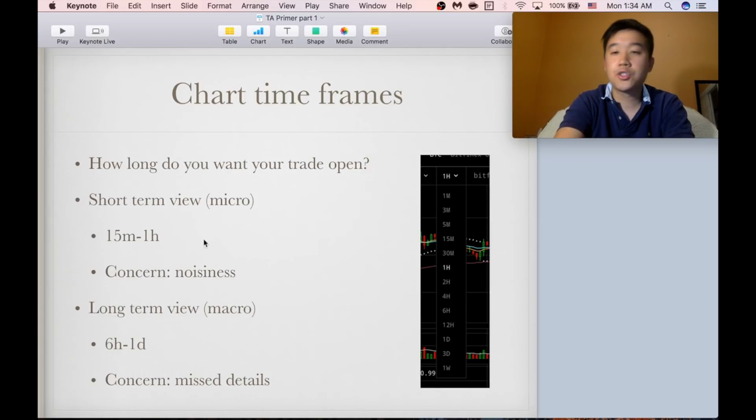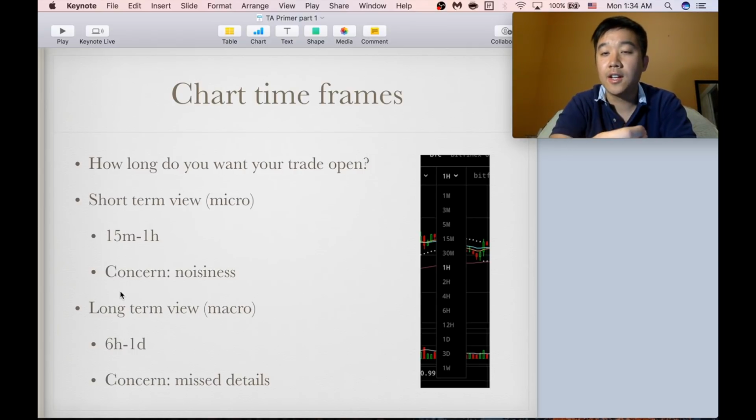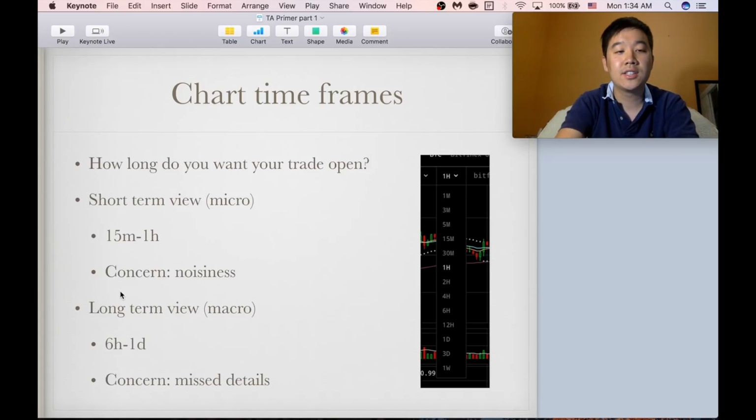If you're doing short-term trading, you want a short-term view, usually around 15 minutes to an hour. The concern is that any lower than 15 minutes, there might be a lot of noisiness if there's not enough volume or not enough trading going on. One person's trade can make the chart go crazy. So you want to zoom out a little bit.